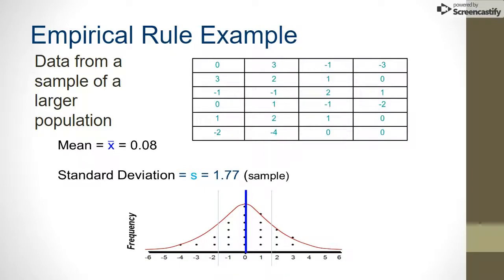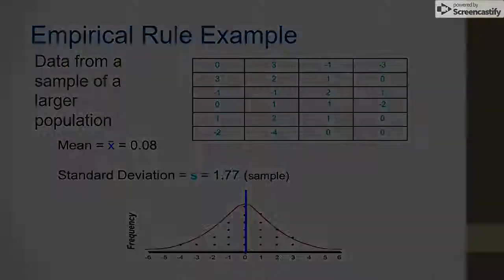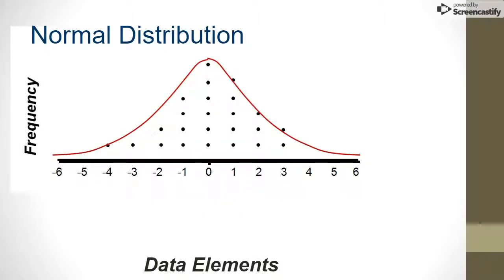The mean is 0.08. The sample standard deviation formula is used to estimate the standard deviation of the larger population and is found to be 1.77. Since the data appears to be normally distributed, we can estimate that approximately 68% of the population data will fall within 1 standard deviation of the mean. In other words, 68% of data will fall within the range of 1 standard deviation below the mean to 1 standard deviation above.